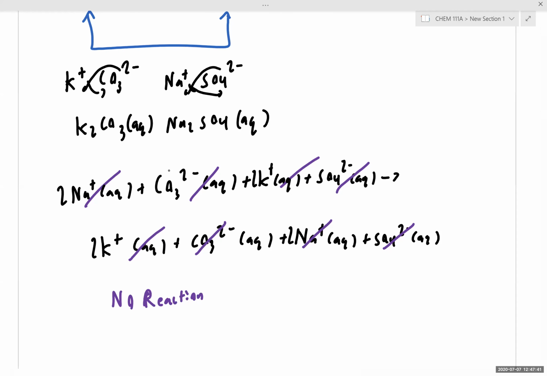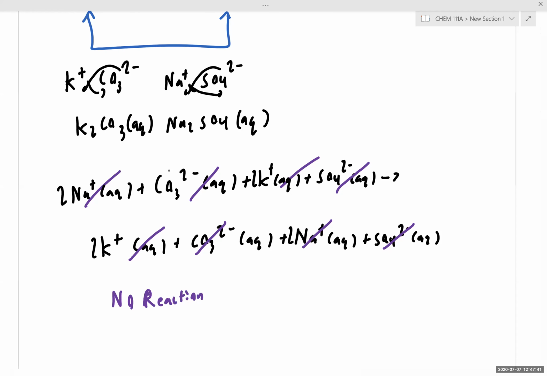So let's keep going with this idea, and let's look at the following example where I'd like you to predict the products and write a balanced equation, total ionic and net ionic equation for the following precipitation reaction. And just note the following acids are not strong acids.